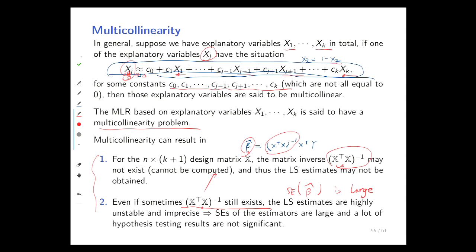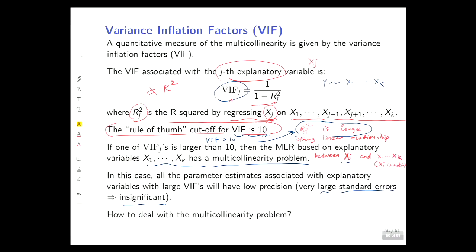Usually in your real application, you need to find some significant explanatory variables to predict the response variable. So if you have this multicollinearity problem, you always have the insignificant result, and that is not good for your real application purpose. That's the reason why we need to solve this problem.